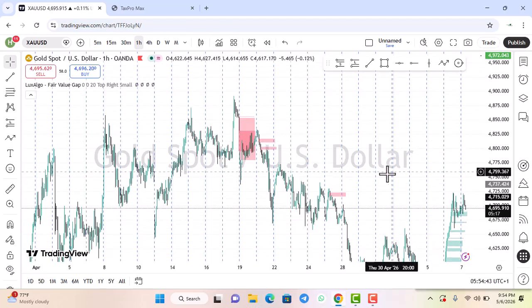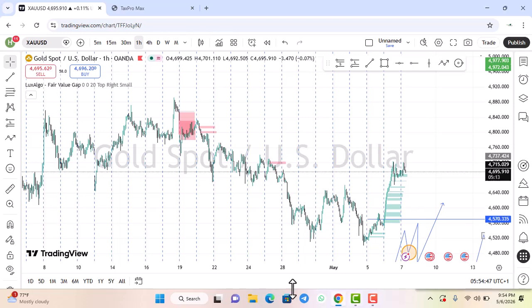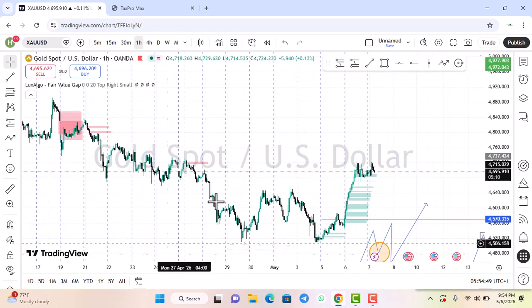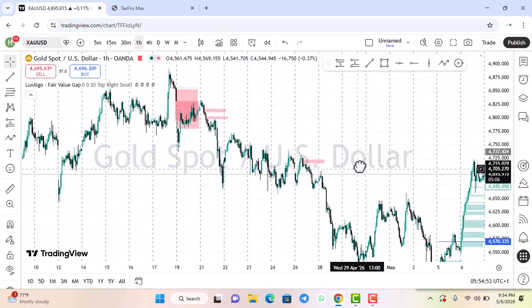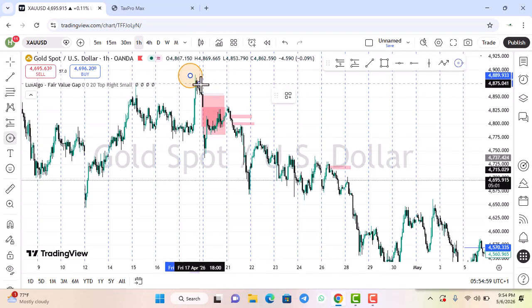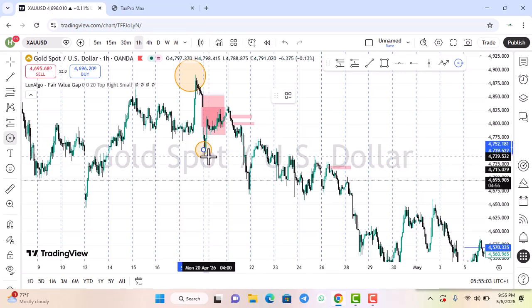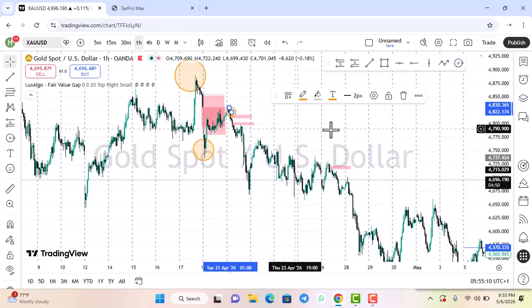Right? So look at this chart very clearly. Look at it very clearly. Pay attention here. Can you see when this price was coming down, we have this point here, then we have this point here, then this point, right?